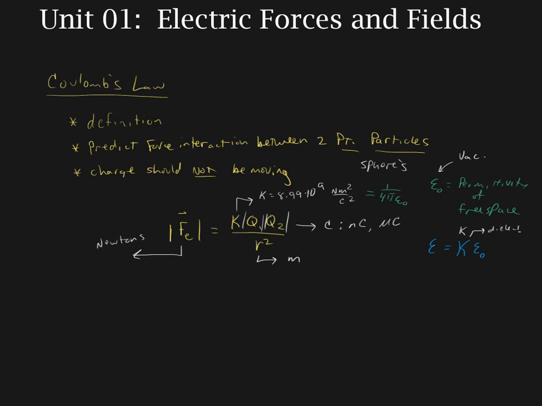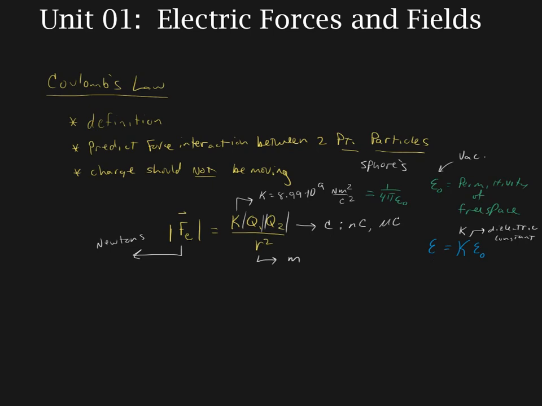And we'll talk about that more later. You should remember some of this from last year. So if you're going to be going through some other material, then you're no longer going to be using epsilon naught, you'll just be using epsilon, and that's because the electric field becomes diminished as it travels through that other material.